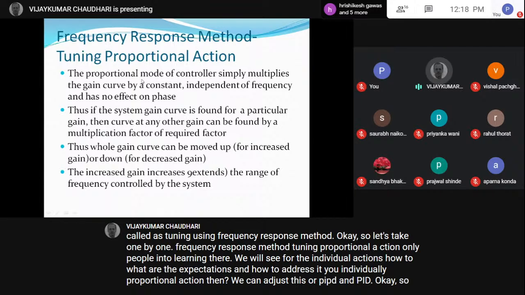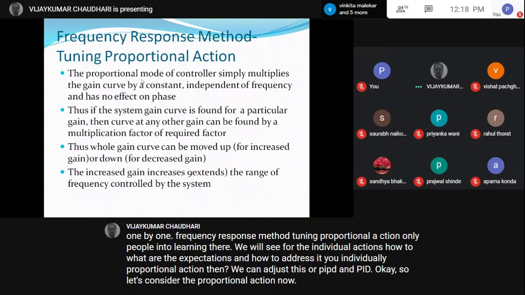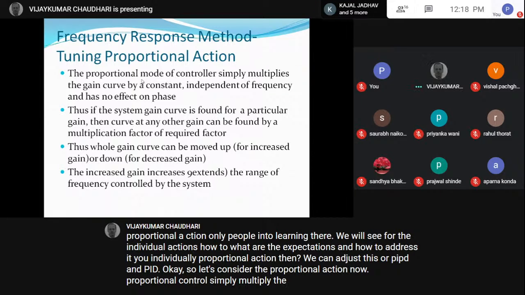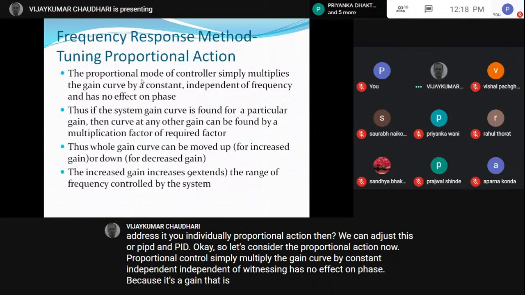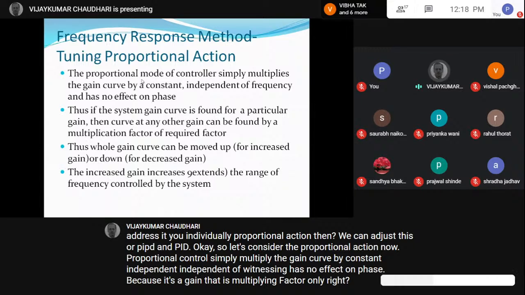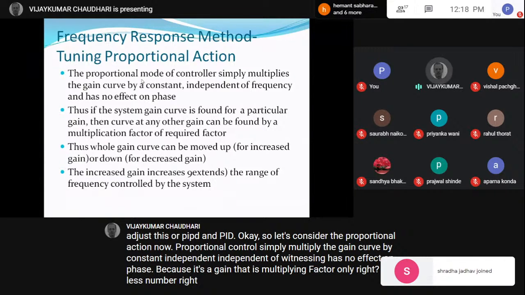Let's consider the proportional action now. Proportional mode control simply multiplies the gain curve by a constant independent of frequency and has no effect on phase, because it's a multiplying factor only. Gain is a unitless number, so it's a constant.